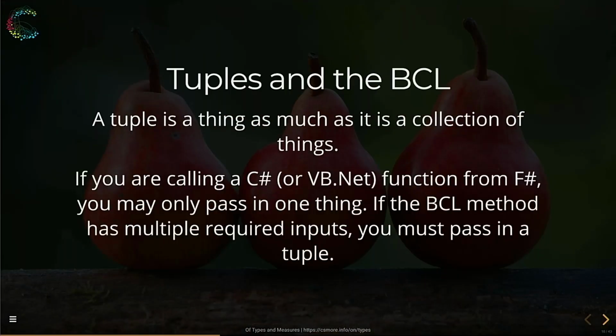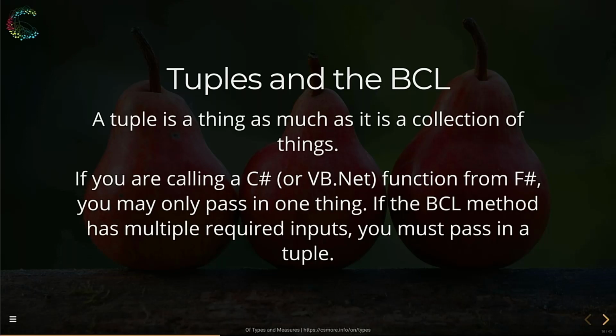It is not just a collection of things, it is a thing in and of itself as well, which is helpful when you are calling from F# some C# code. So C#, VB.NET, BCL methods only accept one argument. Thinking about it from C# land, you're like, no, that's not at all true because I can have parentheses, argument 1, argument 2, argument 3, argument 4, argument 5.